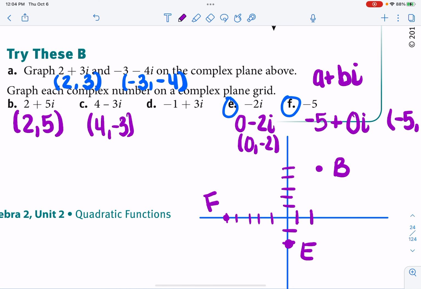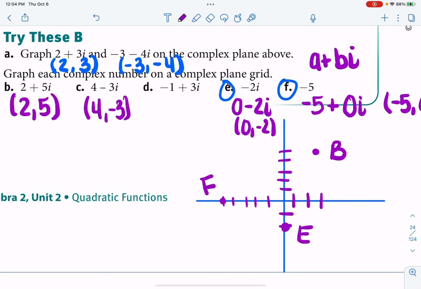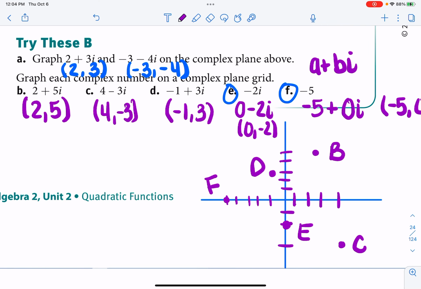You want to make sure you're carrying that negative, so it would be right 4 and down 3. And then D would be the point negative 1, comma 3. So negative 1 and up 3. Okay. So make sure you have all those points on your graphs.